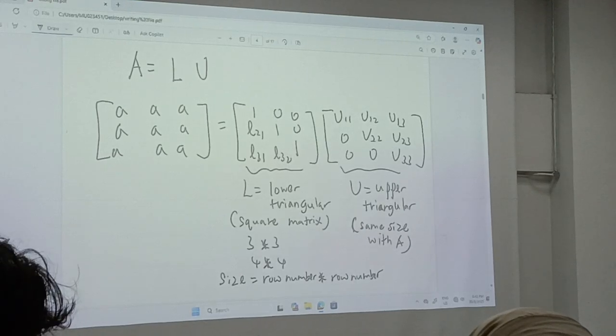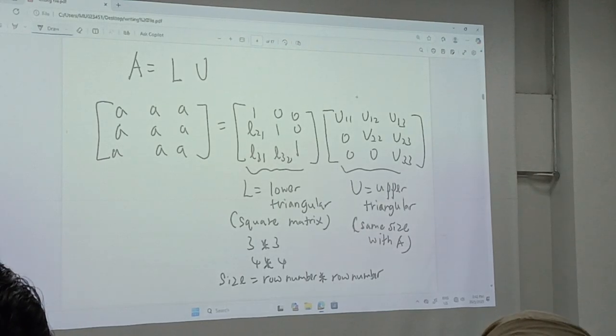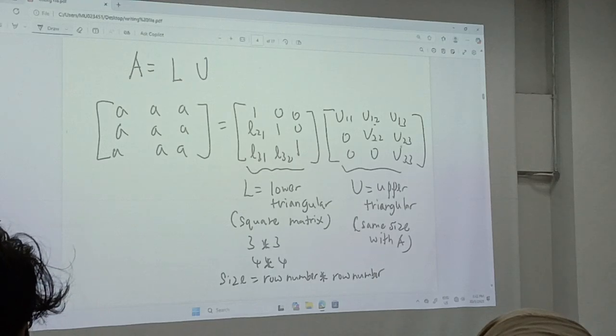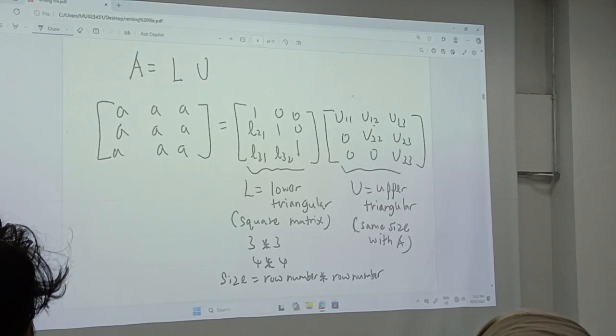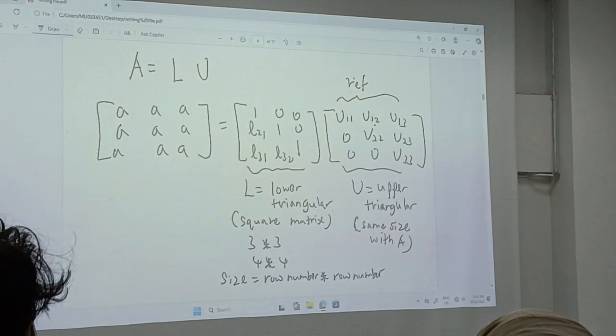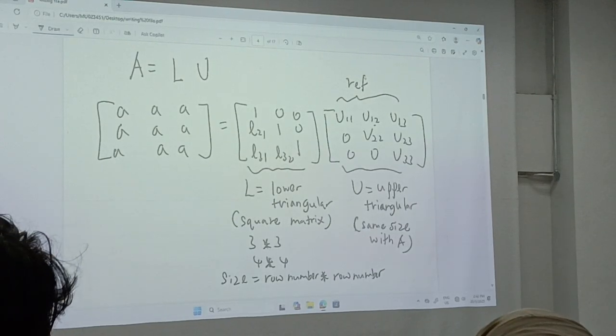Look at this matrix U first. This is the leading entry, this is the leading entry, this is the leading entry. So below the leading entry, what do we call it? RREF or REF? Yes, REF, row echelon form. How to get row echelon form?